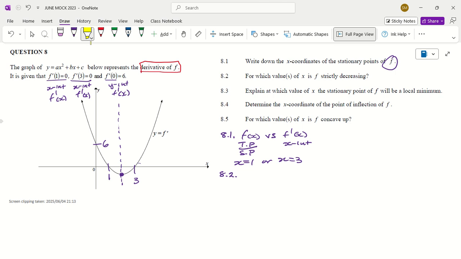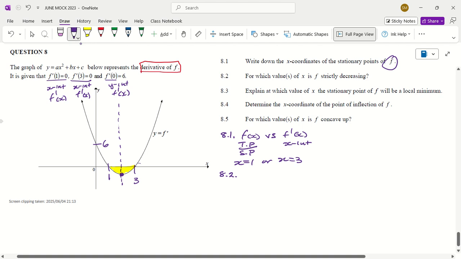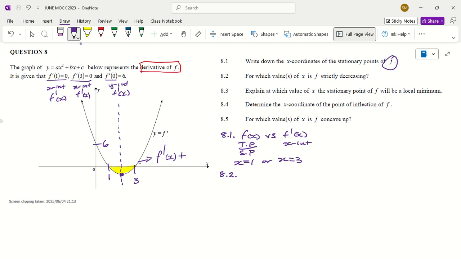So if we look at this area here, the derivative is negative. Over here going this way, the derivative is positive, and going this way the derivative is positive.